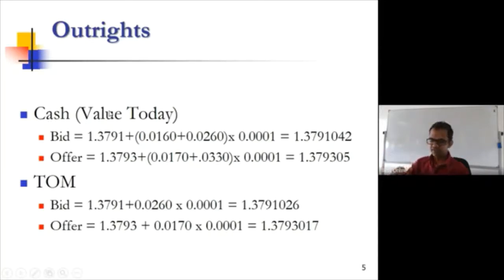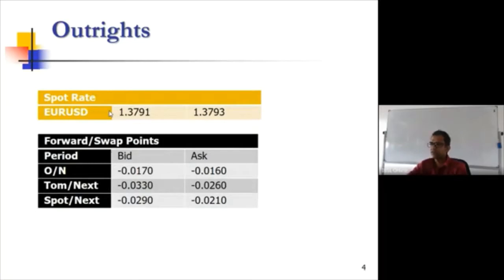So if we enter into the transaction today, we settle it today itself. Then the question comes, what would be the applicable rate? In the market, generally the quotation is given for the spot rate. Then how do we derive the cash rate?